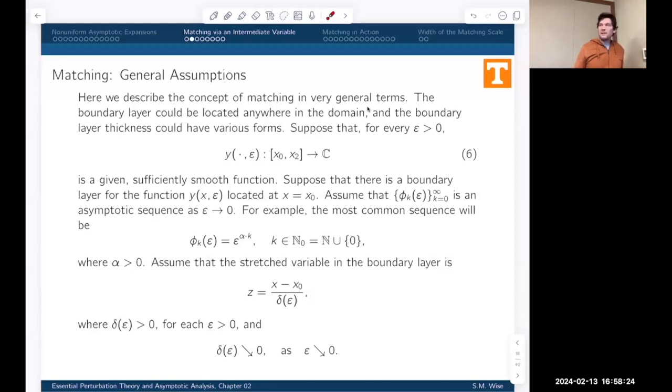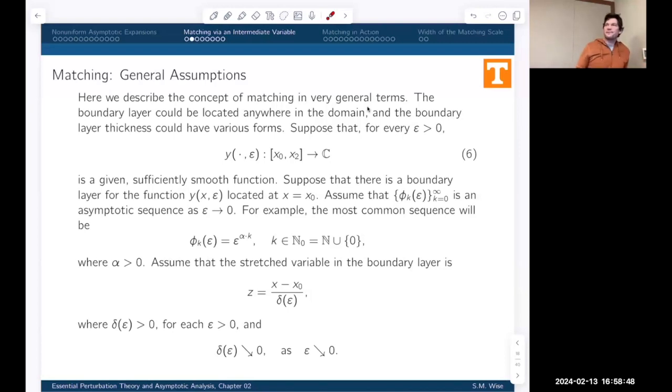All right, so we can be completely generic here. So suppose we're talking about some function, y, that is a function of x and epsilon. x is valid in this region or interval x0 to x2. Now, in the previous problem, x0 was 0 and x2 was 1, right?